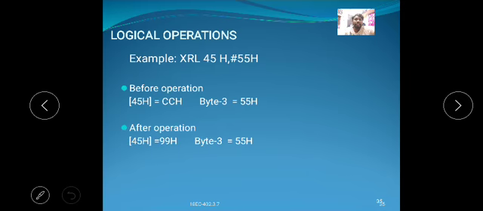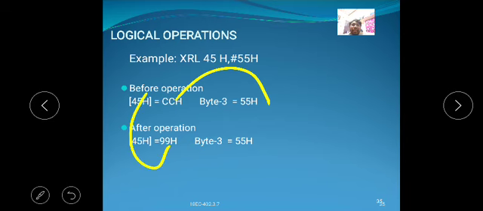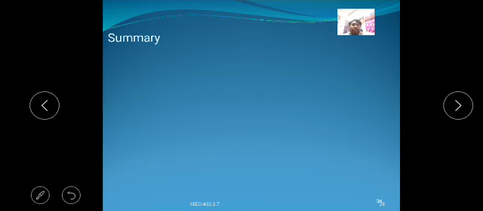Example: XRL 45H, #55H. Before operation, 45H address of memory location, the content of 45 is 6CCH. The byte 3 is 55.